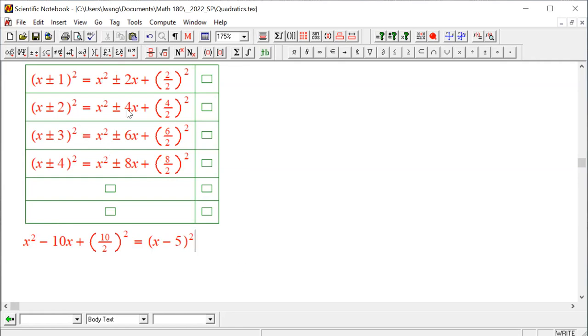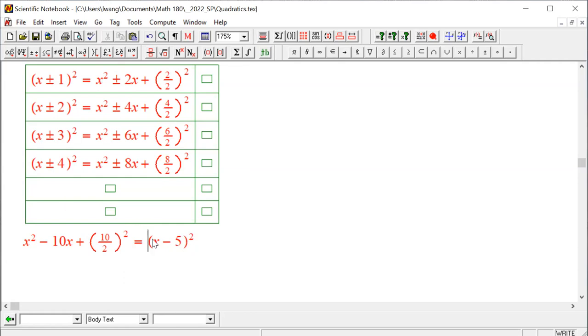Okay, so familiarity is one thing. After we see familiarity, we also should see what if I forget? Well, we try to find patterns. Now one more example.